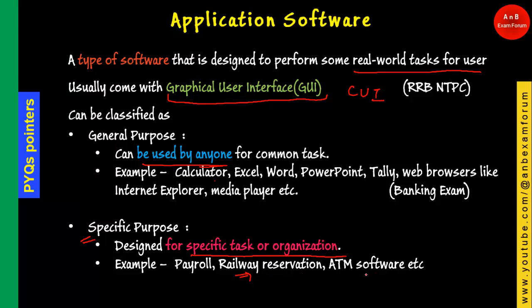And if we talk about the ATM software, we are the users for that, but the software which is used for operating the ATM machine is a specific purpose application software. Okay, that is specific to the ATM, not for the general public.